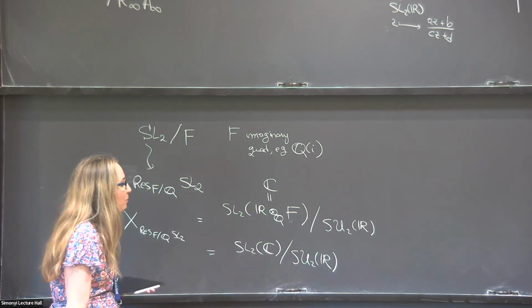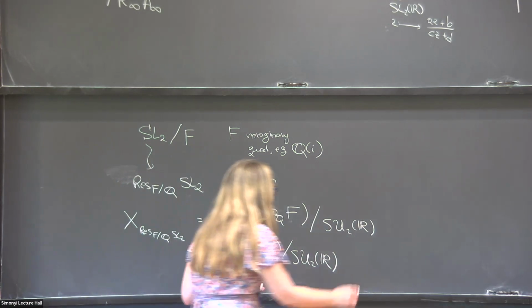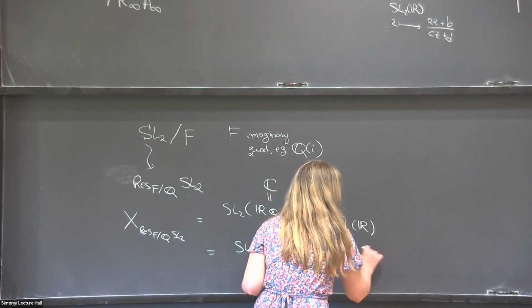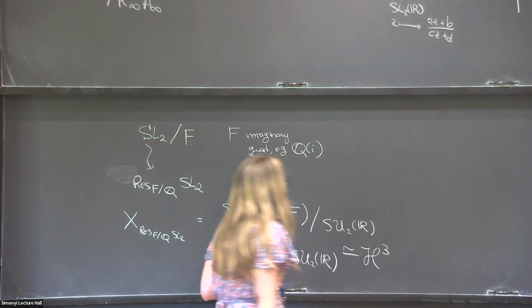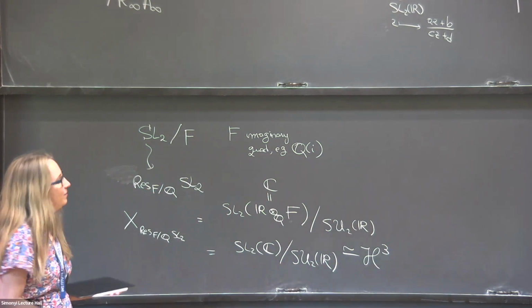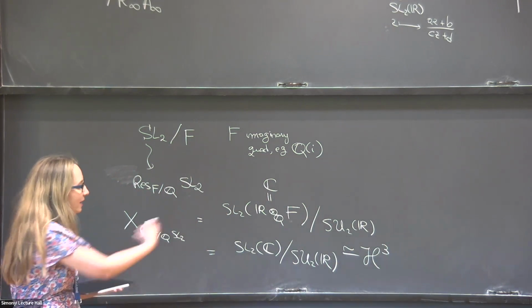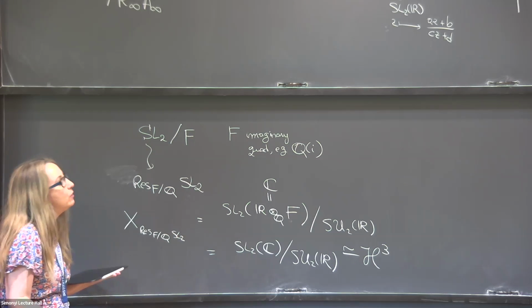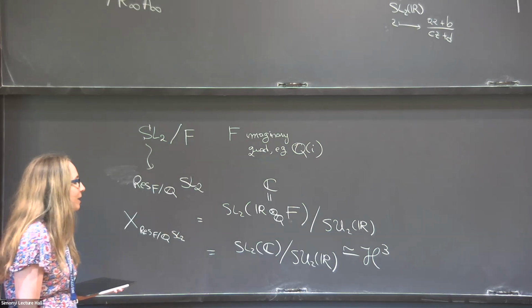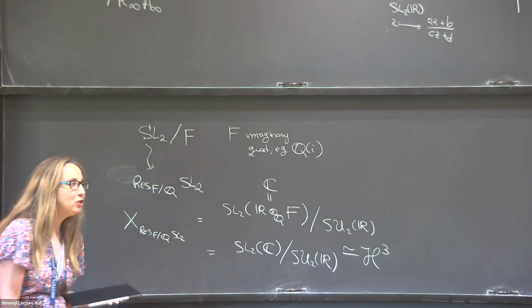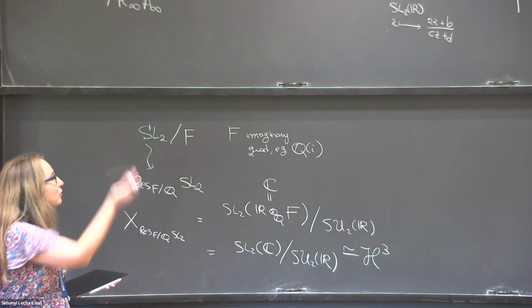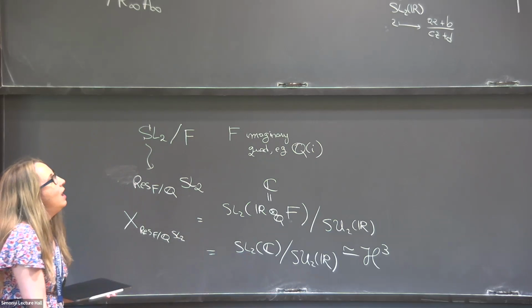The dimension ends up being 3. So I claim that this is, in some sense, isometric to hyperbolic 3-space. Something that you can check by hand is that the dimension is 3. So this is another example of a symmetric space.